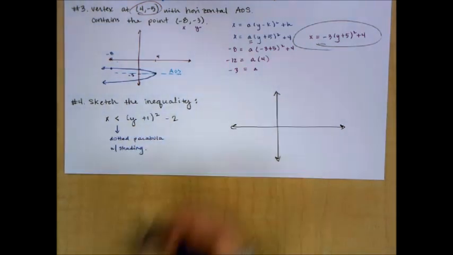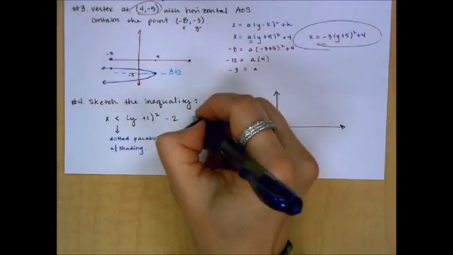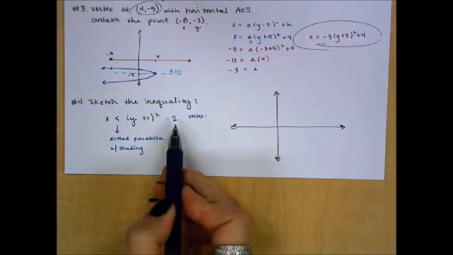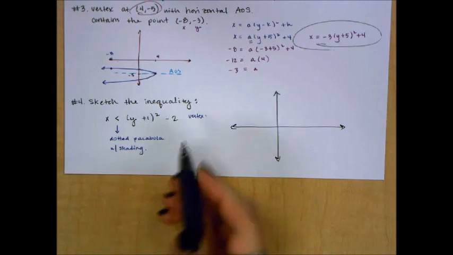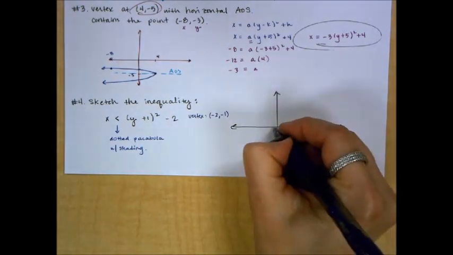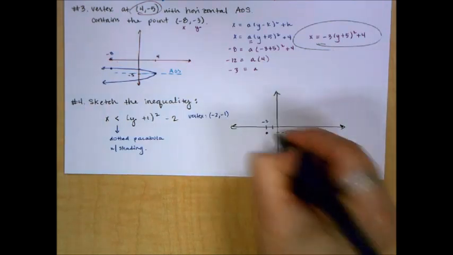All right, so we'll start here with our vertex. So (h, k): h is -2, k is inside with y, -1. So (-2, -1). Since it's an x equals, it should open right or left.